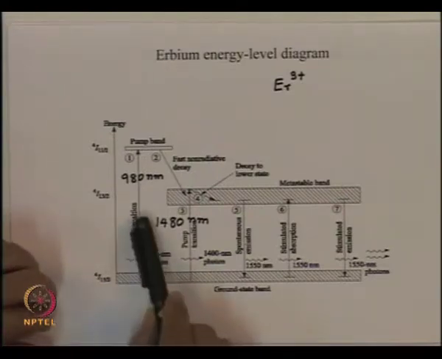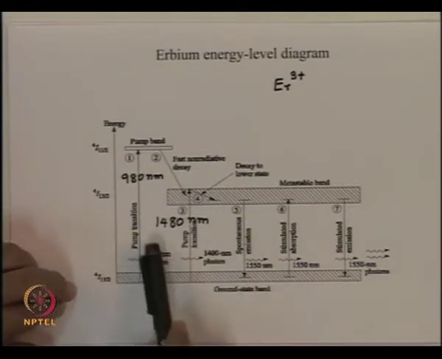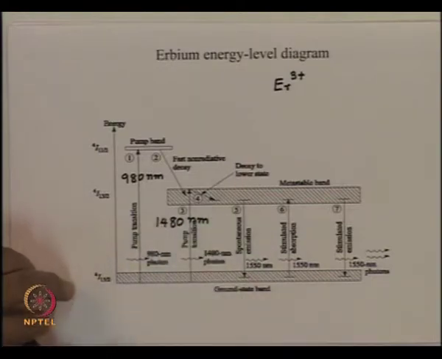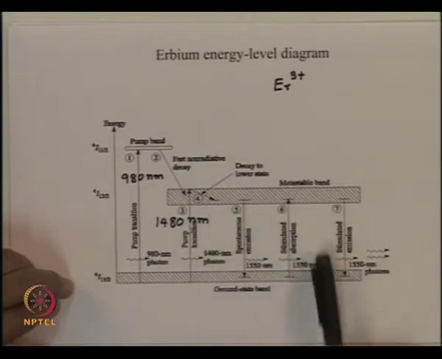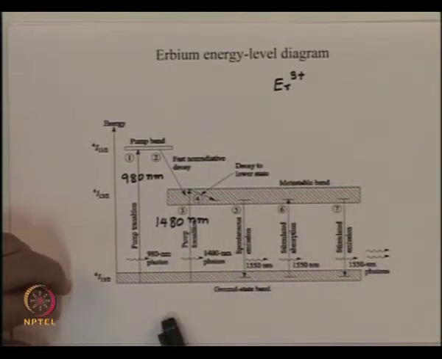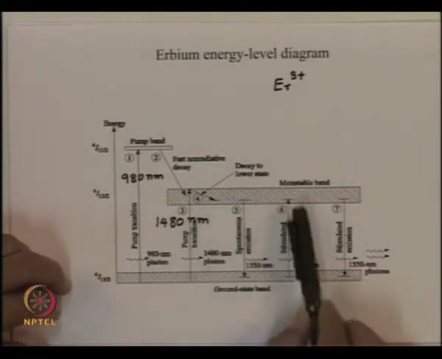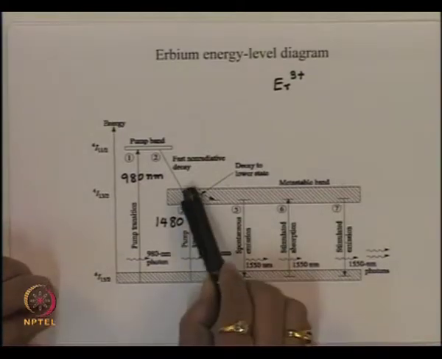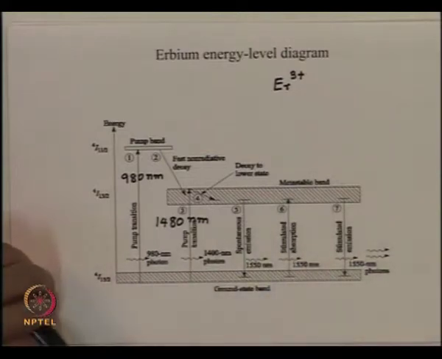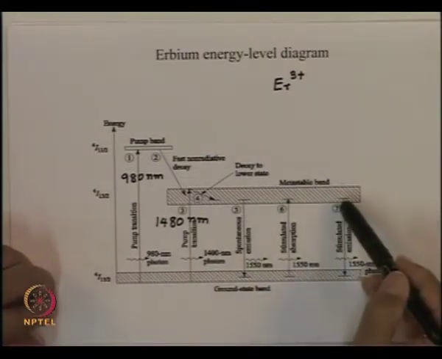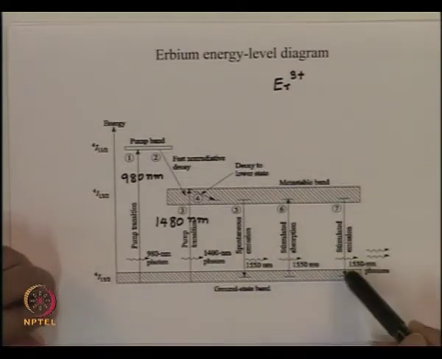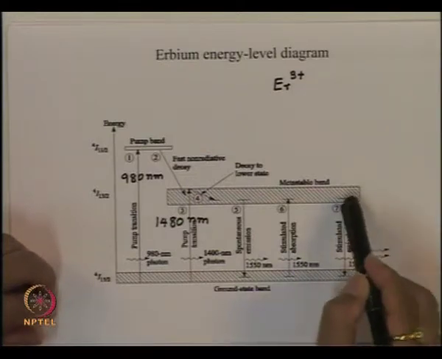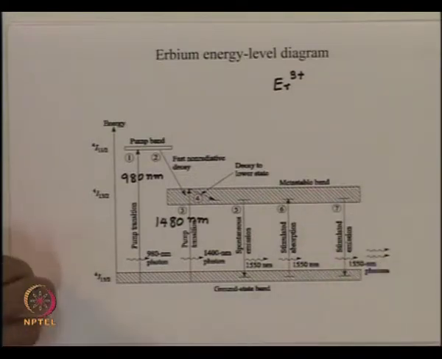So if we pump the material at 1480 nanometer, then essentially the emission spectrum and the absorption spectrum are partly overlapped. Essentially we are going to supply the energy corresponding to the upper level of this band, and then the stimulated emission will correspond to the lower level of this band and the ground state.